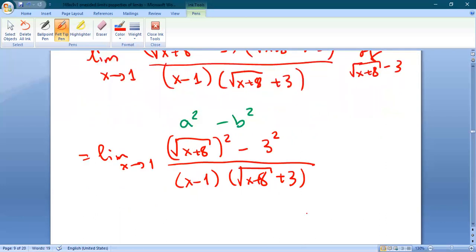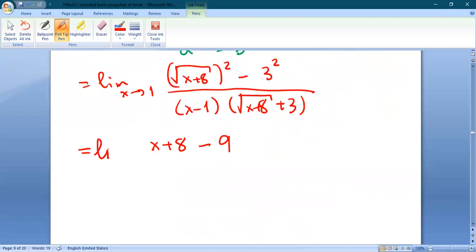And then what's going to happen after this? It's going to be x plus 8, the square of the square root, just the same thing again. You take the square root and then you take the square. They are inverse functions of each other, so you just end up with x plus 8. But what is the square of 3? It's 9.